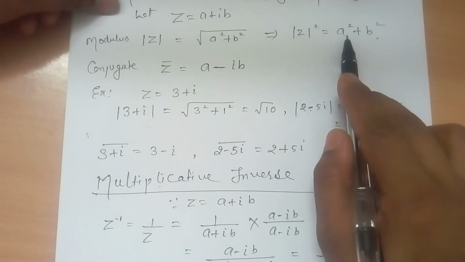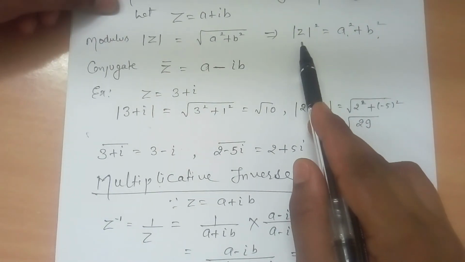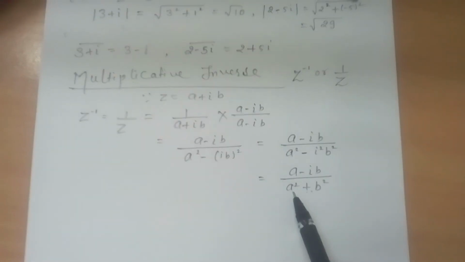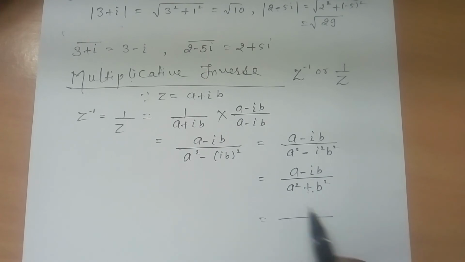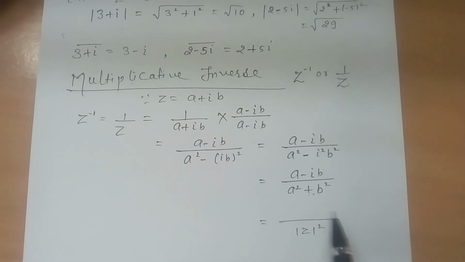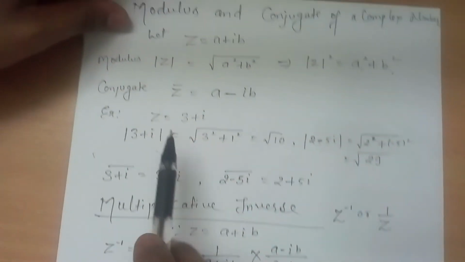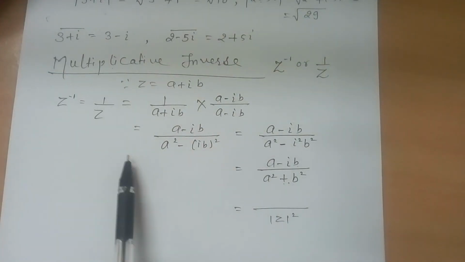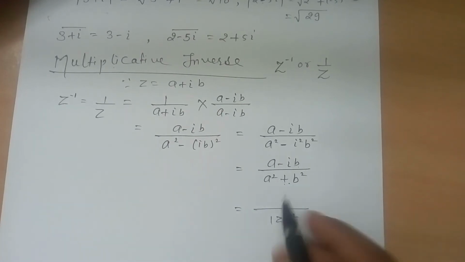So a square plus b square is nothing but mod z square. Okay, so here we'll write mod z square in place of a square plus b square, and a minus ib, the conjugate of a plus ib, is a minus ib. So the conjugate of a plus ib is a minus ib, and conjugate means z bar.